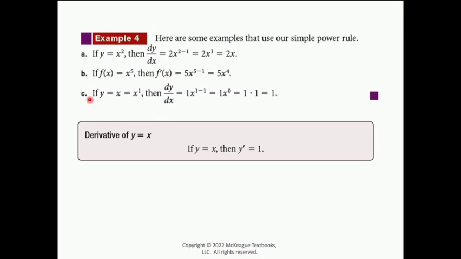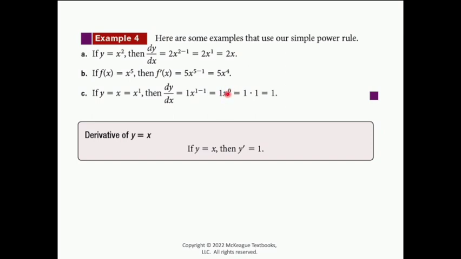So now in this part C, we have y is equal to x. This might seem a little bit unusual, but when you think about your rules of exponents, it will make sense. So my exponent here is 1. Even though we don't write it in there, we know that if we just have an x, that's x to the first. So we bring down that 1 in front, but then we have to decrease that exponent by 1. So then we have x to the 0 because we take 1 minus 1.